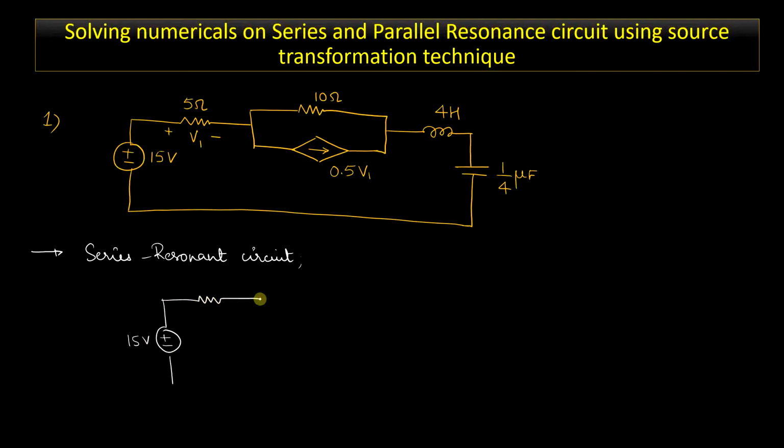You have a resistance of 5 ohms, voltage V1, and this has to be transformed into a voltage source. The resistance will obviously be connected in series. This is a 10 ohm resistance, and since this is a dependent current source, you will have a dependent voltage source in series with 4 Henry, and you have a capacitor that is 1 by 4 microfarad.